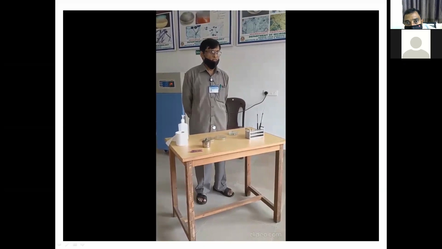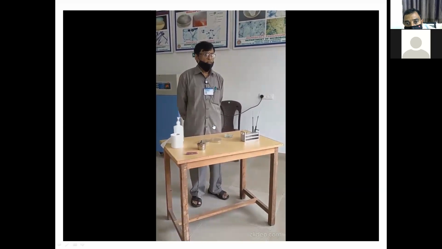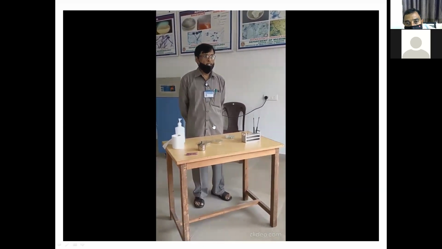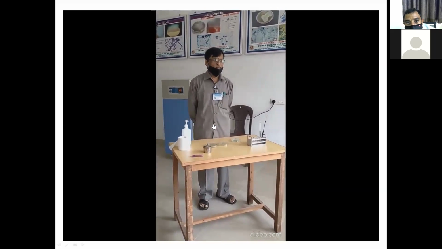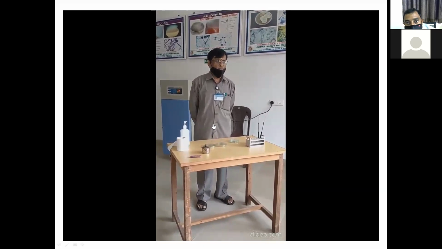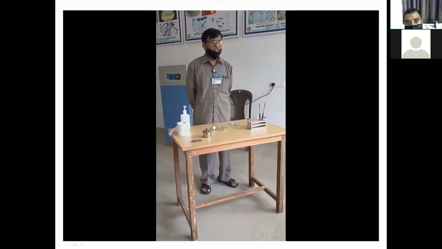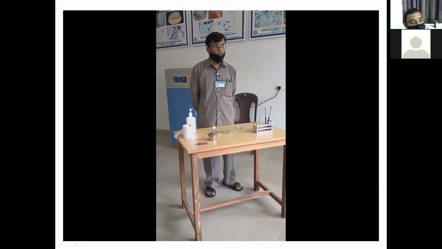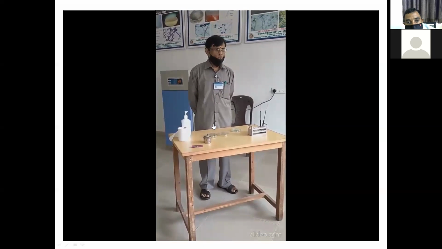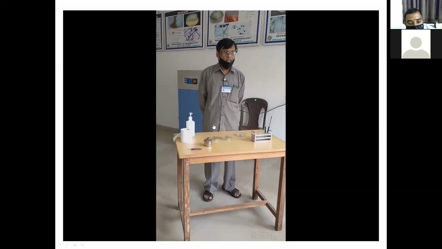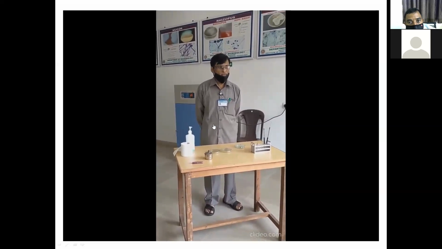But there are very few tests for fungi, especially such tests are available for Candida and Cryptococcus. For other fungi, there are no such tests to identify to the species level. Hence, we have to do a slide culture test and see the morphology of the fungi.